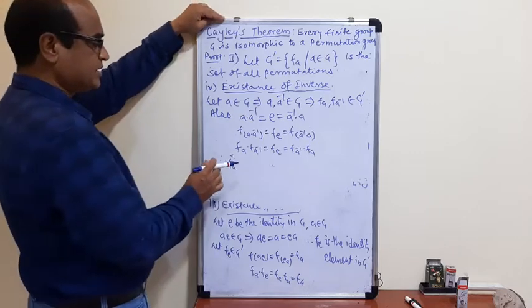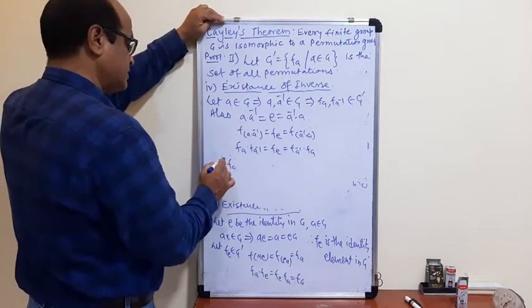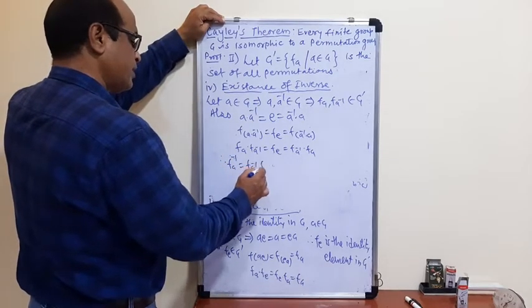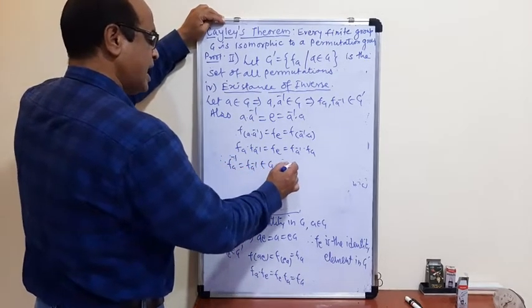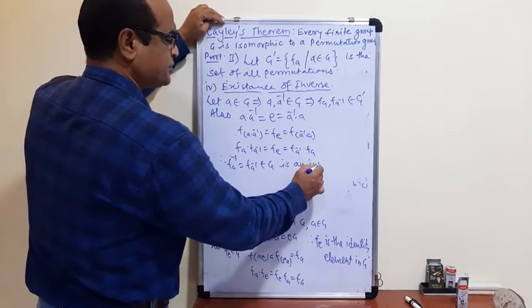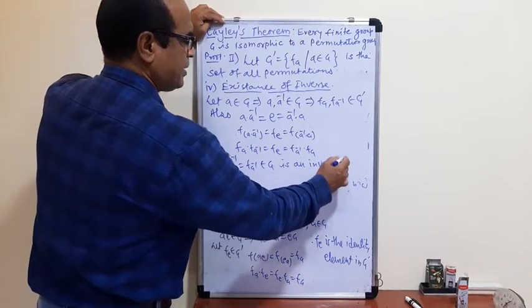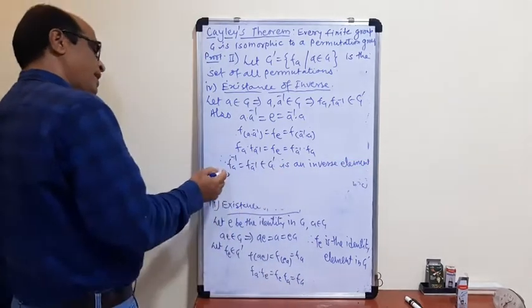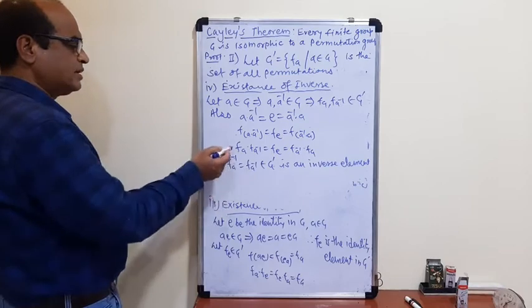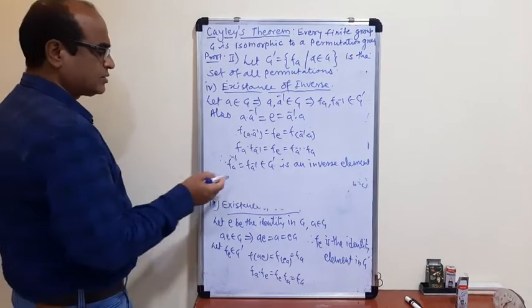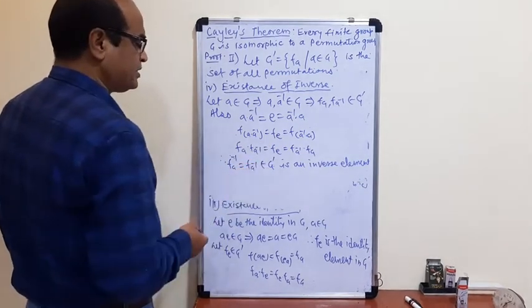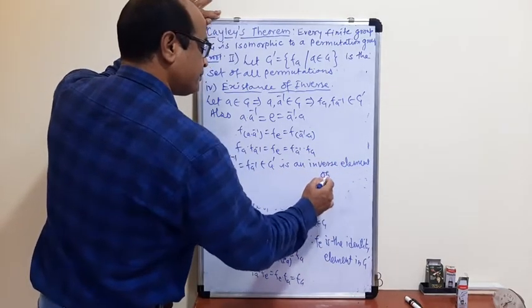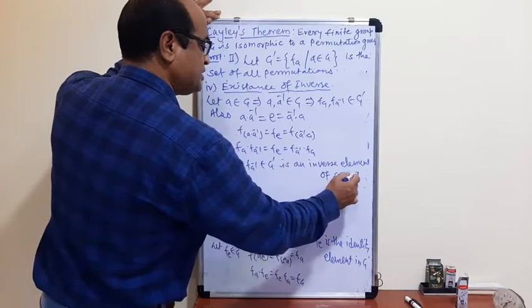So F(A inverse) belongs to G dash and is an inverse element of F(A) in G dash.